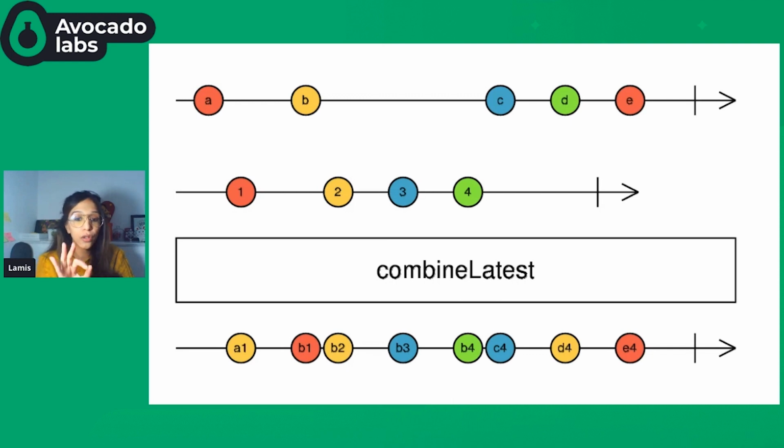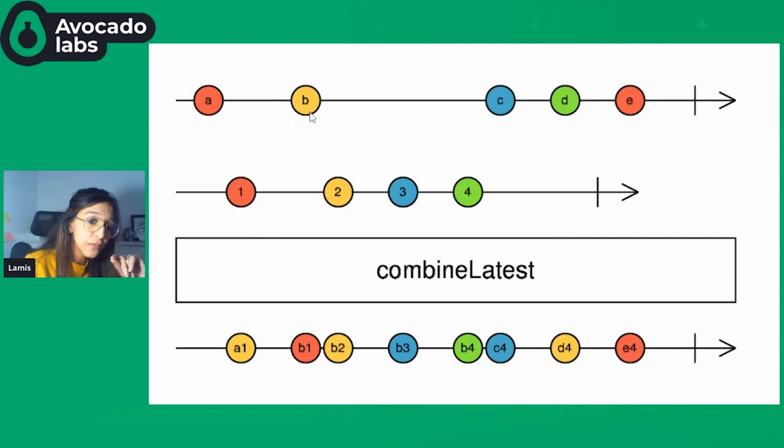Let's start with the combineLatest operator, which falls under the category of combination operators. It's not like forkJoin. It does not emit one time, but it emits a value when there is a new emission from one of the given observables. Let's explain it further. Suppose that we have two observables, and every time one of them is emitting values. The first value is A1, which is the last emitted value by the two observables.